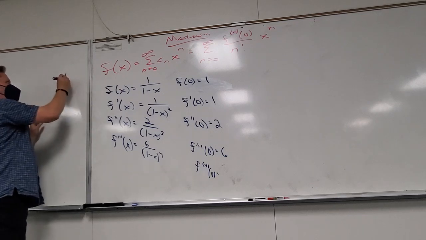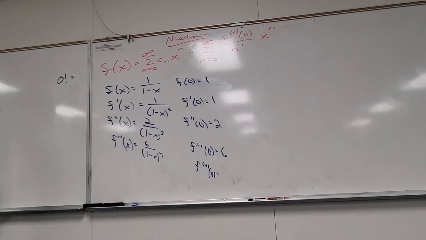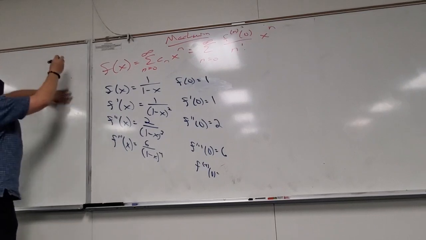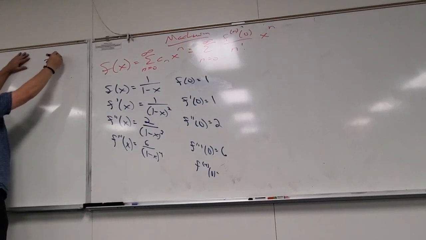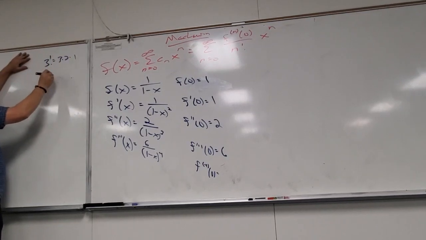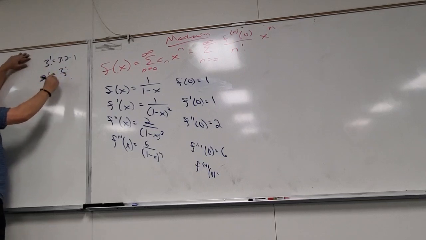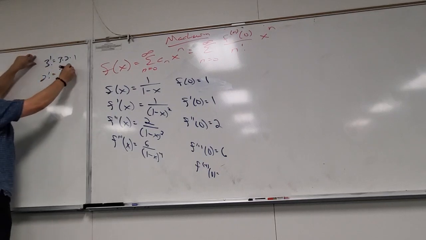What is 0 factorial? We talked about this, didn't we? Yes, thank you. All right, what do we say? It's 1. And how did we prove it? Real quick. What's 3 factorial? 3 times 2 times 1. What's 2 factorial? It's 3 factorial divided by 3, which is 2 times 1.